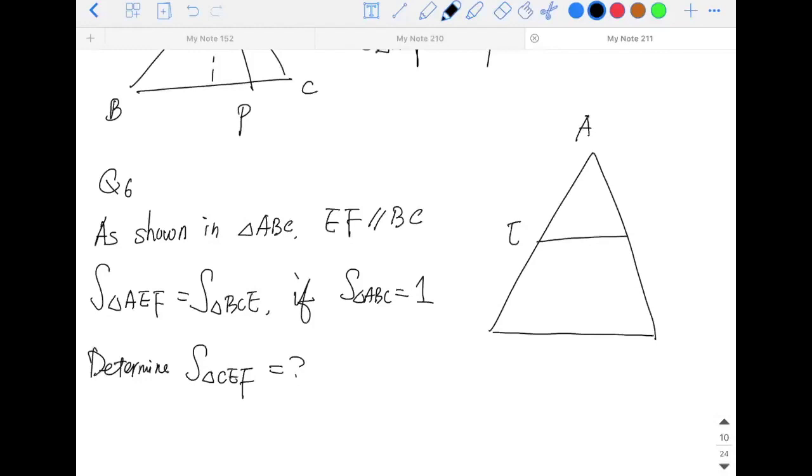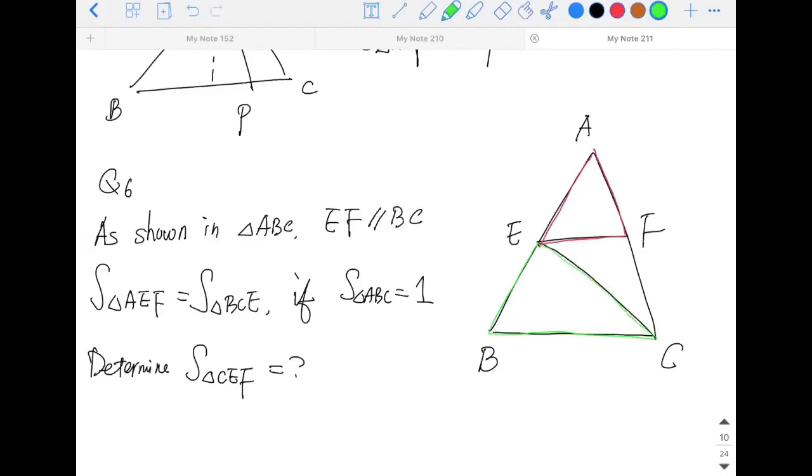A, E, F, B, C. You have a triangle ABC. EF is parallel to BC. AEF has the same area as BCE. AEF is here, BCE is here.